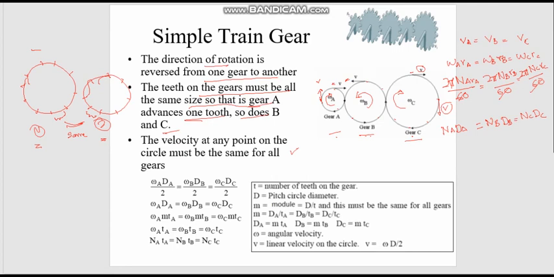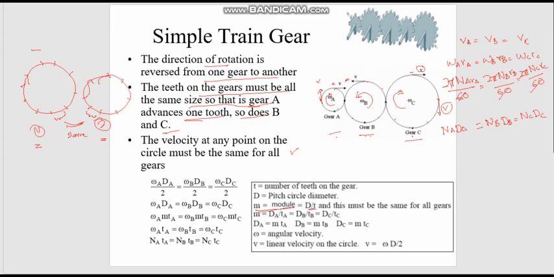Based on this, I would like to introduce another constant called the module. The module is equal to the ratio d over t.